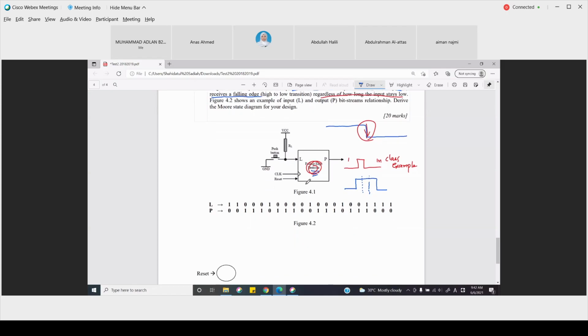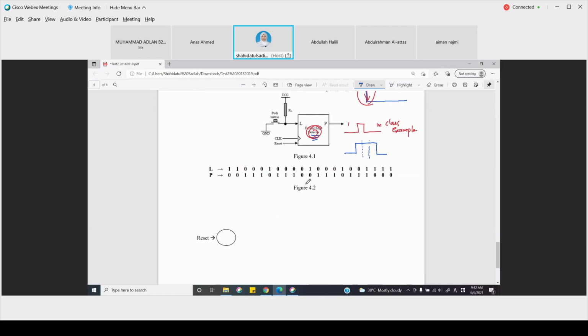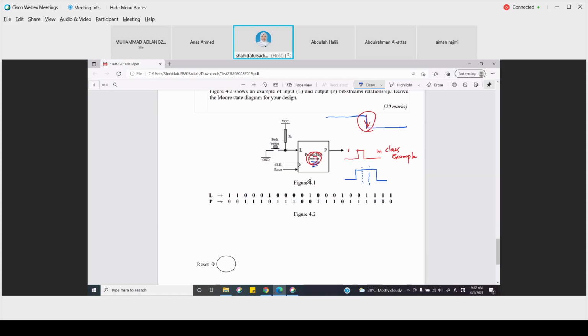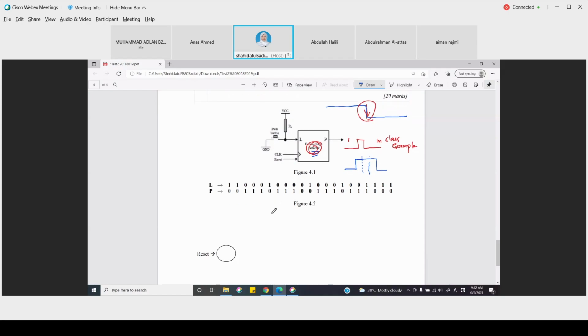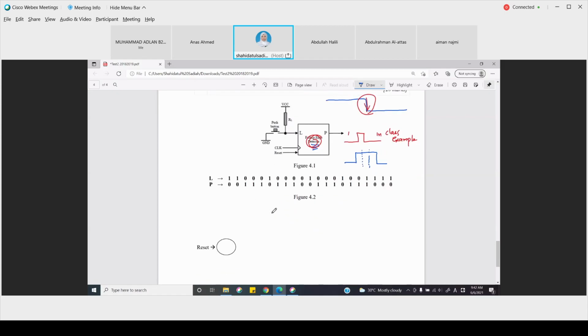Derive the Moore state diagram. Say Moore. So for Moore, we also have the edge. Remember the in-class example, we have 1, and then edge, and 0, right? Now for reset, it means there's no button press.